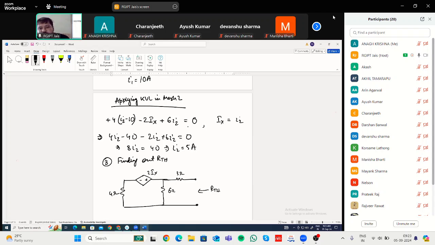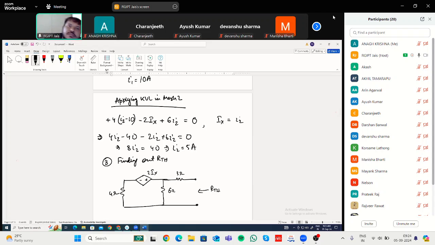So this dependent source will be of no use. You cannot find the value of the dependent source, so you cannot solve this circuit using that method, because to identify how this dependent source behaves, you need to connect some kind of a source.